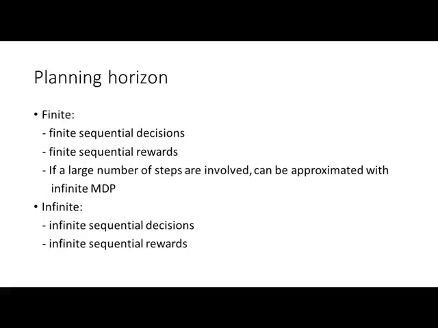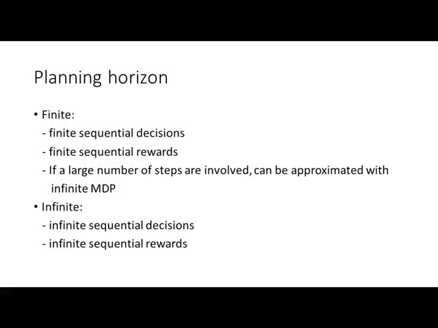Your planning horizon can be finite. This means you only make finite sequential decisions. At the end of your planning horizon, you stop, right? So you make finite sequential decisions, and your rewards are sequential and finite as well. So say your time step is 1 year and your planning horizon is 30 years.